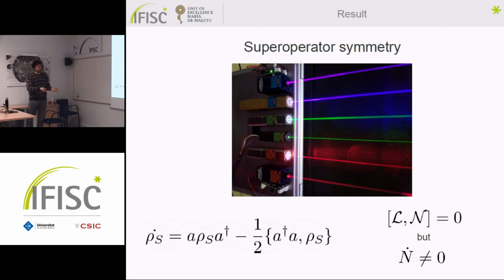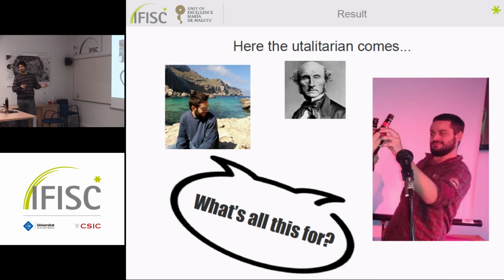What does it mean? It means that we have a famous symmetry, but you see that it's one of the cases in which there is no conserved quantity. The n operator is not conserved. So what does it mean to have a symmetry on the superoperator level if it's not conserving our number of particles? And okay, so the utilitarian now may come and would say, why have you done all this if it's all for nothing? I mean, why do we need all this?